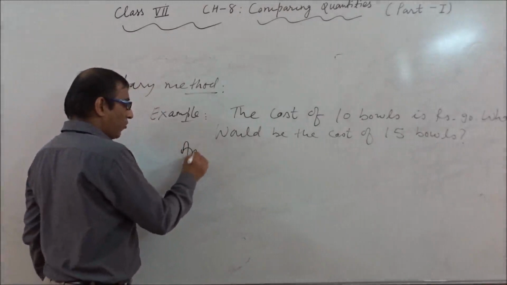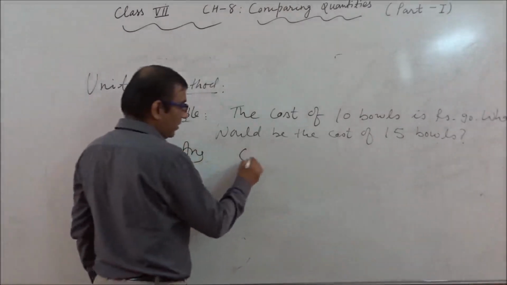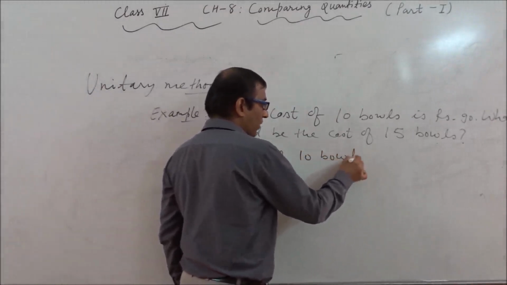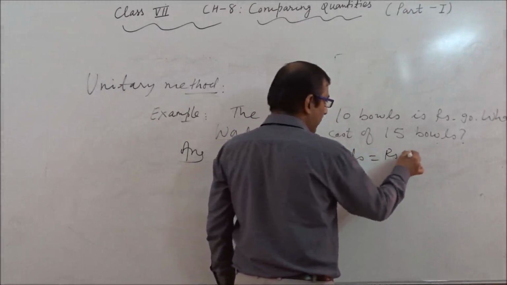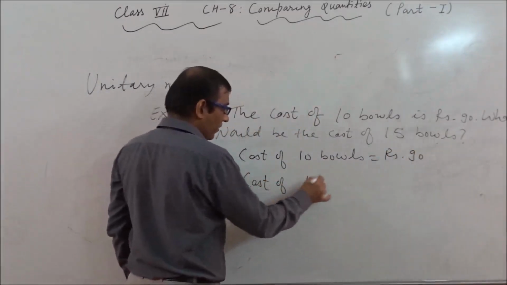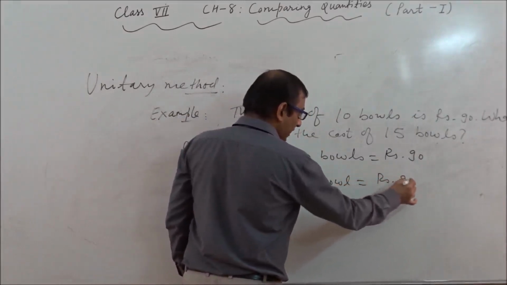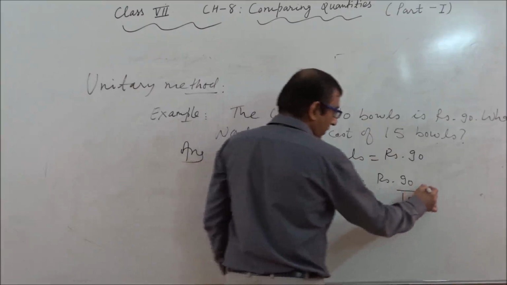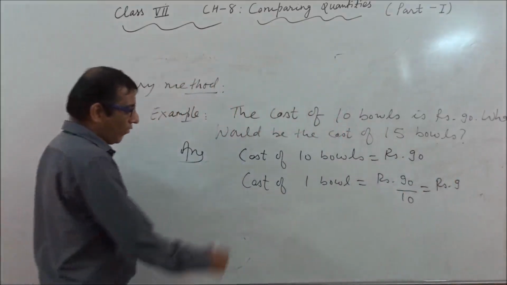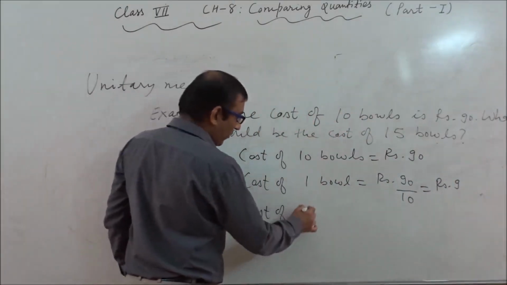So how can we solve this question with the help of the unitary method? First we will write the cost of 10 bowls, this is rupees 90. It means the cost of 1 bowl equals rupees 90 upon 10, which becomes rupees 9. Then how can we calculate the cost of 15 bowls?